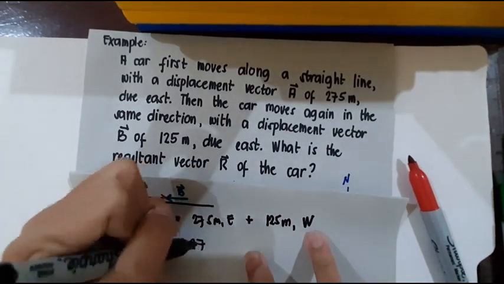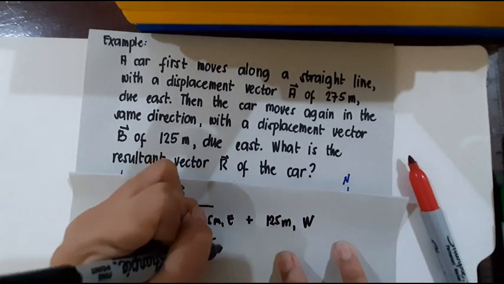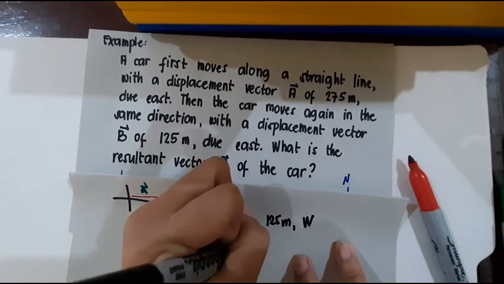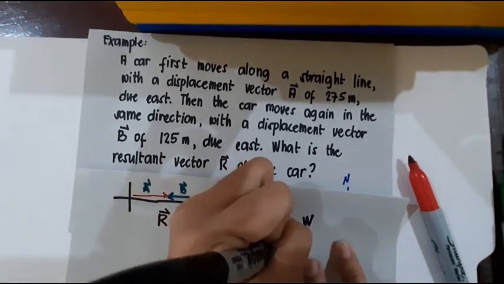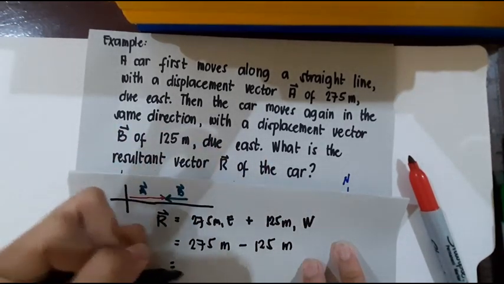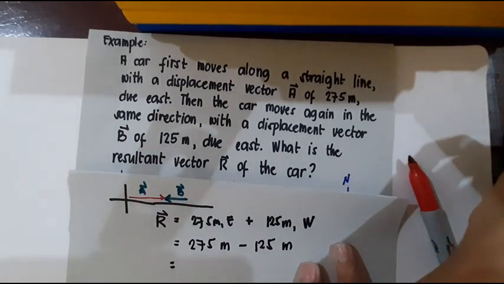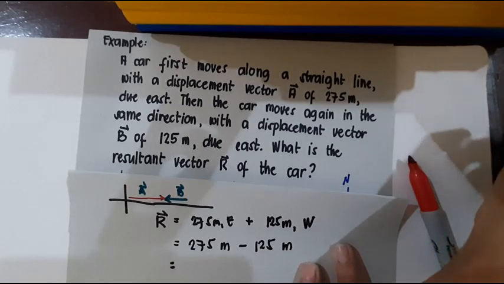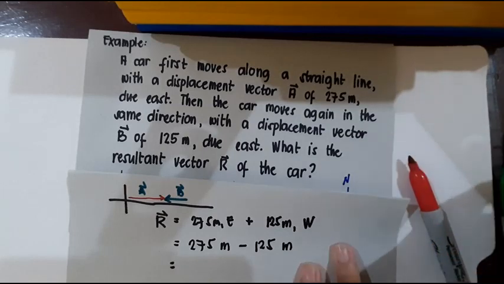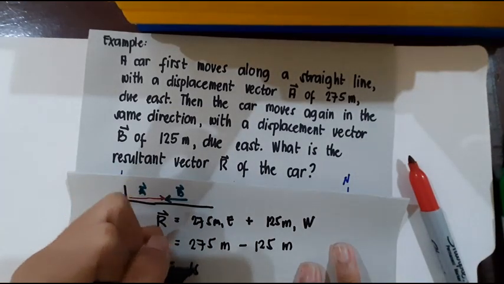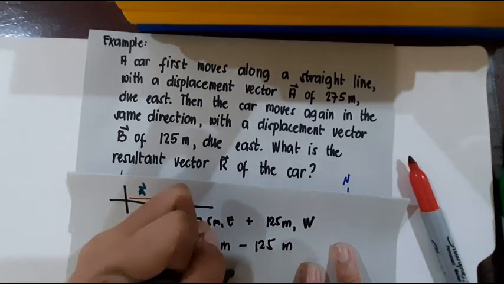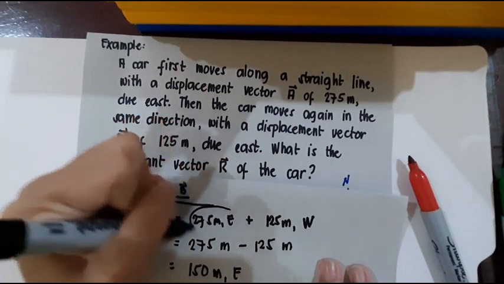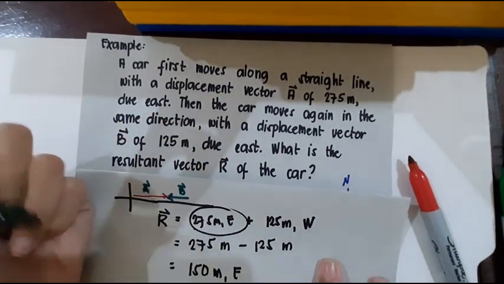So this will become 275 meters minus 125 meters. The answer now is 150 meters going to the east. Why east? Since east has the greater value.